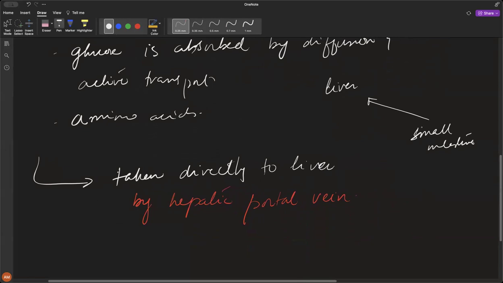It is directly connected from small intestine to the liver. This is a direct connection, and this is called hepatic portal vein. Hepatic means liver, and hepat- is generally the prefix used for liver. Hepatitis, a disease of the liver. So hepatic portal vein.